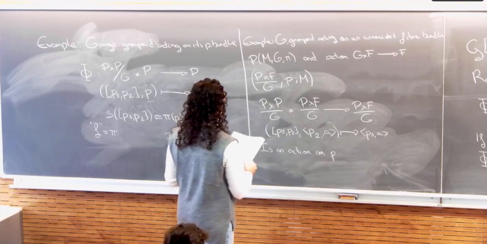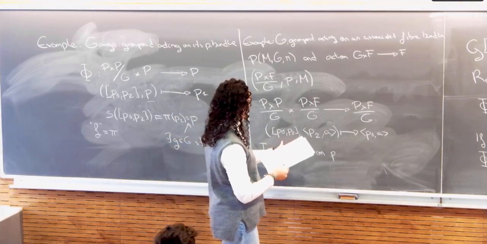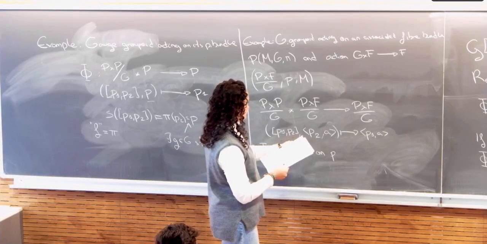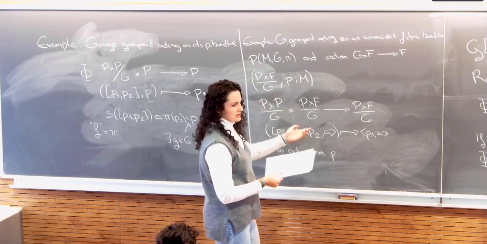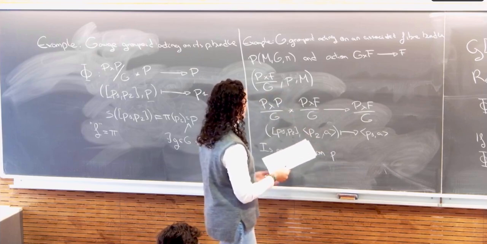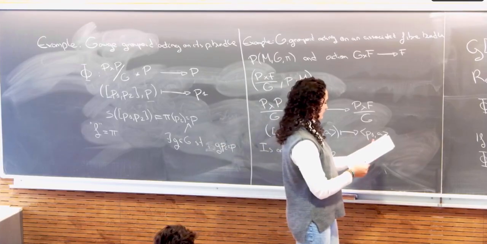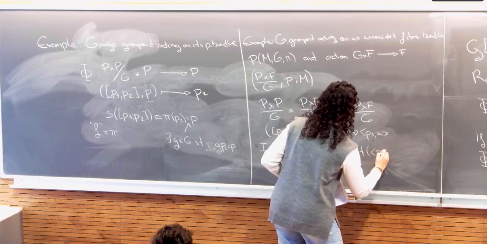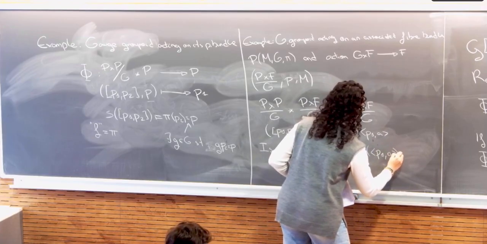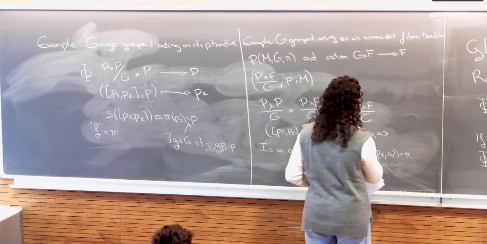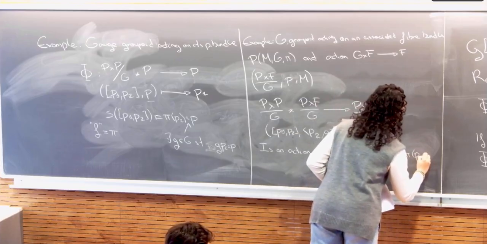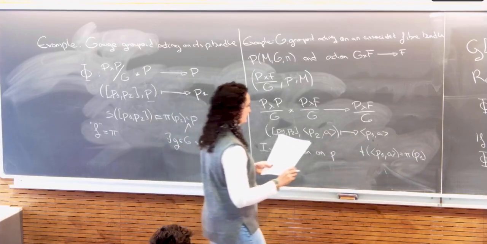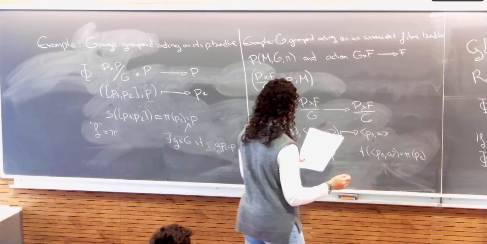Because if we consider the source of this pair, the source of this pair is the projection of P2. P2 is the projection of this pair on the fiber bundle, and the target of this pair is the projection of the principal bundle of P1. That is the projection.